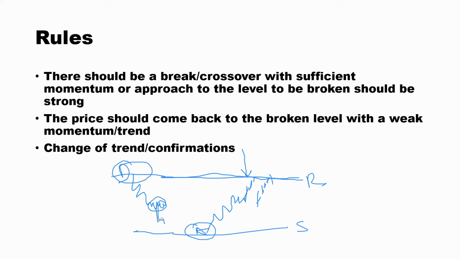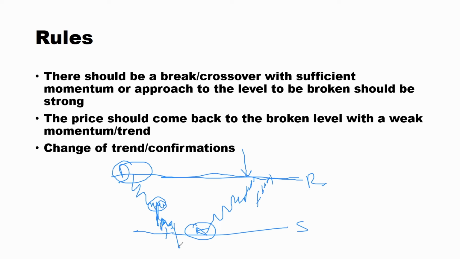When there's going to be a breakout, the momentum around here should be strong. The candles approaching this level should be strong. Even if it reaches somewhere here and consolidates a bit, as long as the approaching candle is strong and the market consolidates near here without reaching the level, there are higher chances that the price is going to break below that support. Are we together? So that's our first rule.